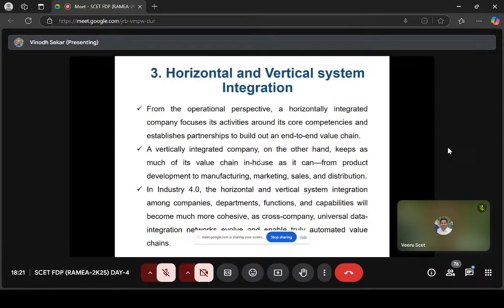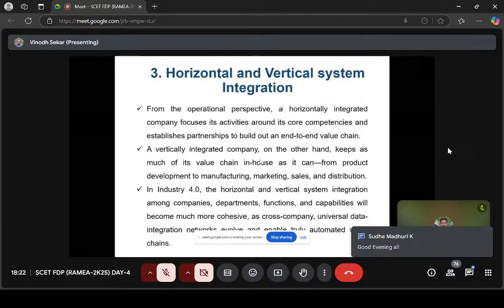Third is system integration, where both horizontal and vertical integration are very essential. From a vertical perspective, we need to focus on the in-house functions, starting from marketing, design, manufacturing, sales, and other functions, which are interconnected. And in a horizontal perspective, we need to explore partnerships and collaboration with other organizations.